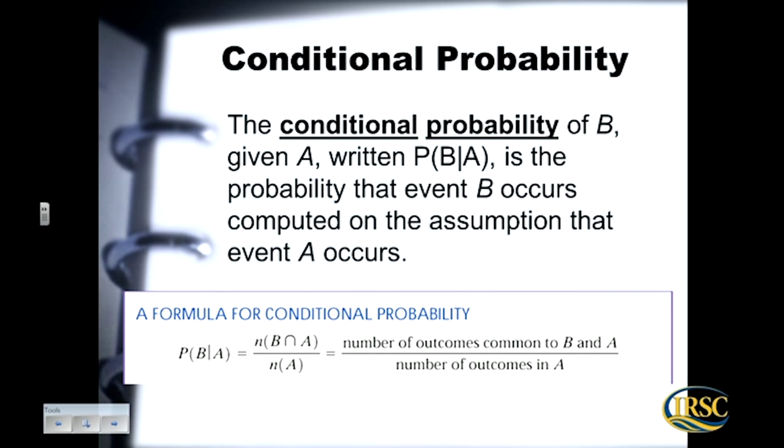And then the denominator is the cardinal number of A, or the number of outcomes in A. Notice that the denominator is the same as the second thing listed in your parentheses, if that helps you to remember. It's always your given information, your hint, in other words. So the numerator is what they both have in common. The denominator is only the given part, the second part.